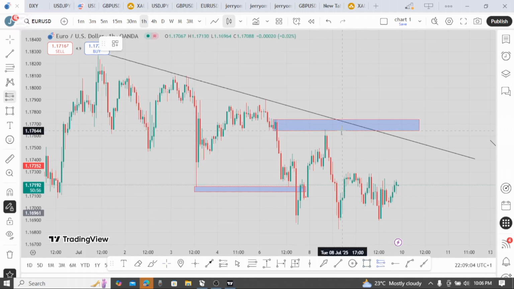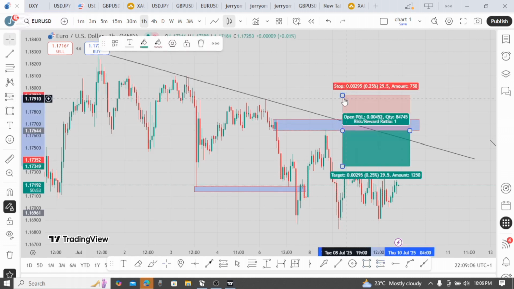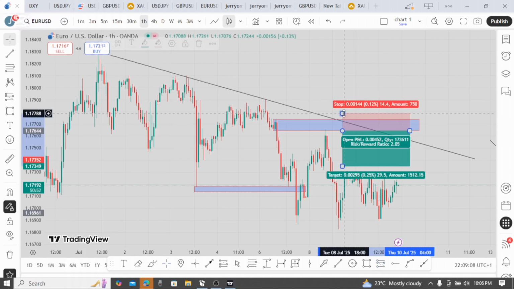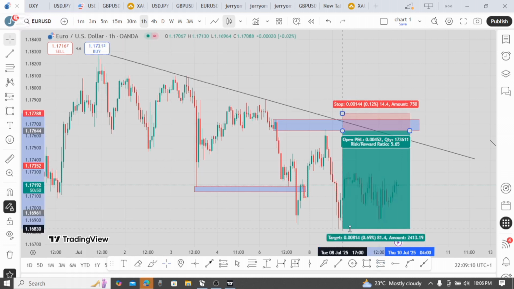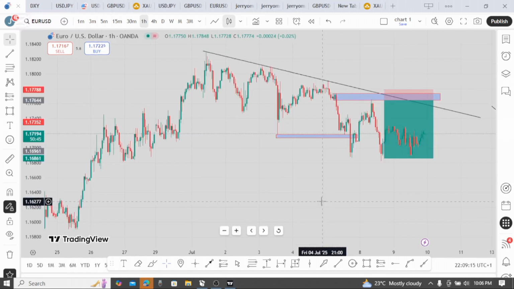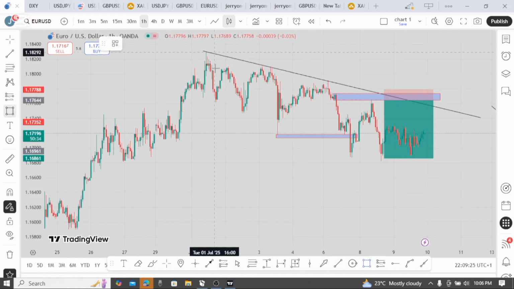So this is it, guys. This is how you trade an order block. You see the target I told you earlier, the last low. Even this is another order block. You see it went up. It's another order block.